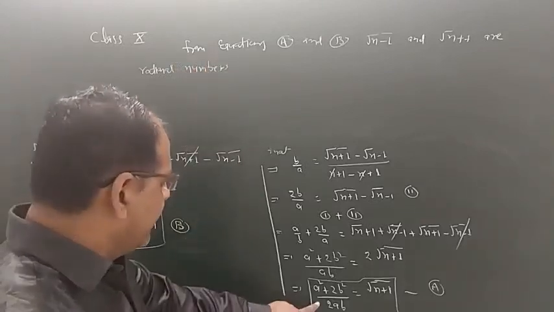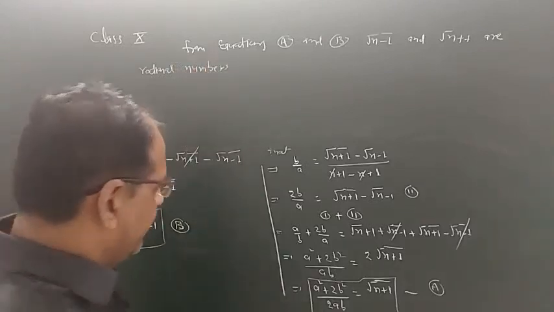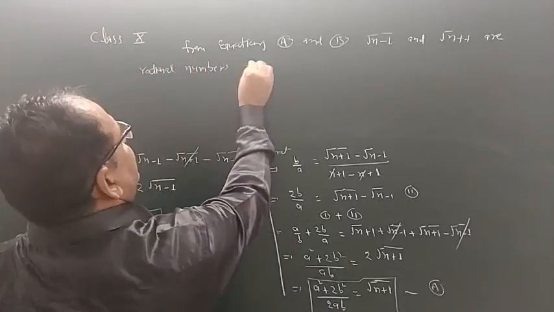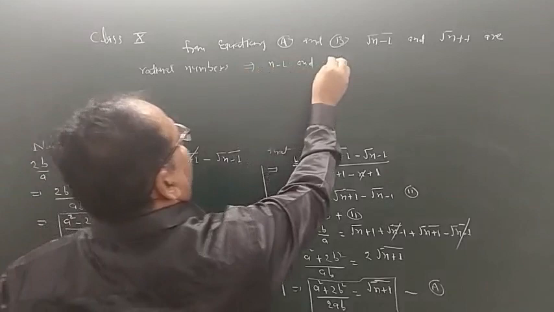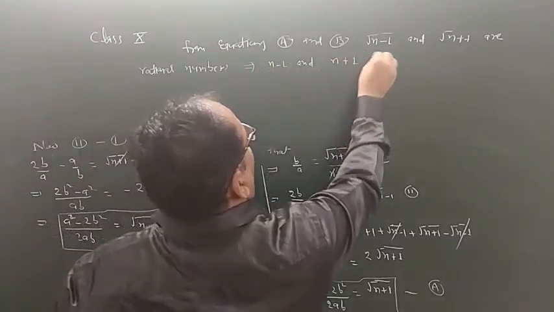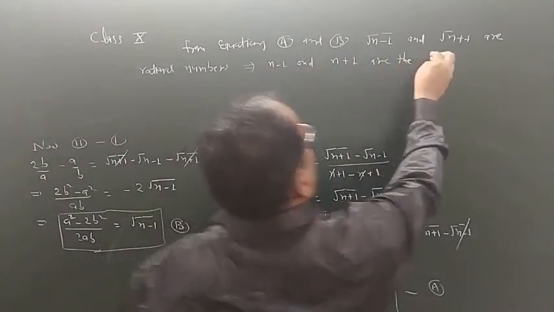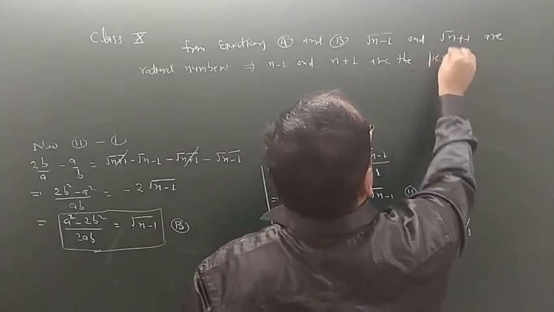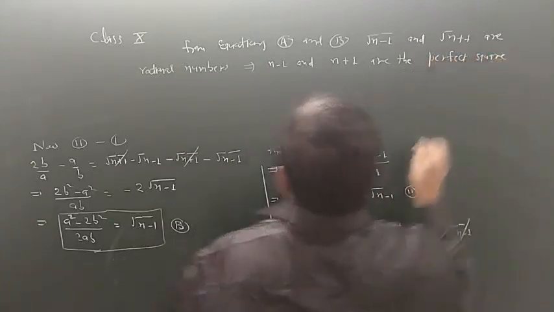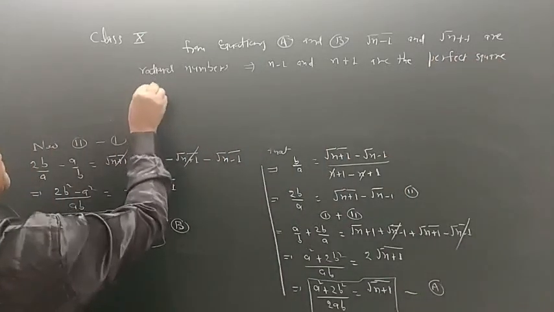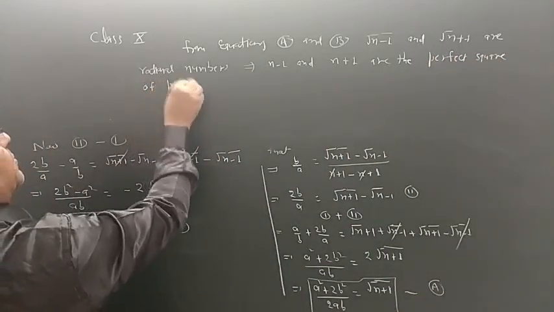Because left hand side are rational, so right hand side also. This implies that n minus 1 and n plus 1 are the perfect squares of positive integers.